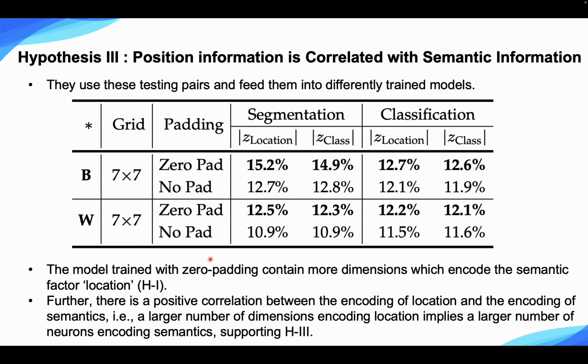Further, there is a positive correlation between the encoding of location and the encoding of semantics. That is, a larger number of dimensions encoding location implies a larger number of neurons encoding semantics, which supports hypothesis 3. So the position information is correlated with semantic information.